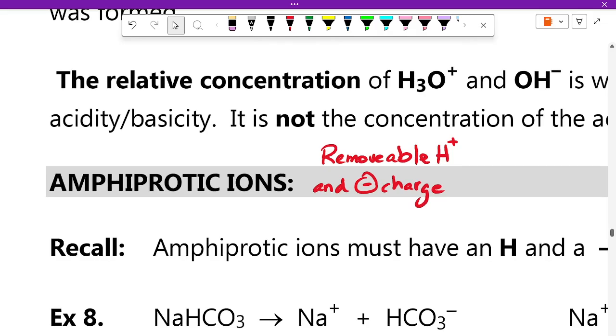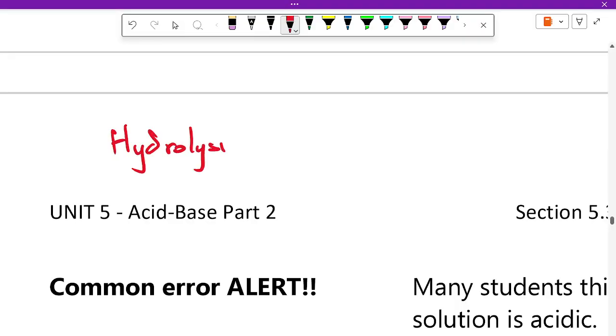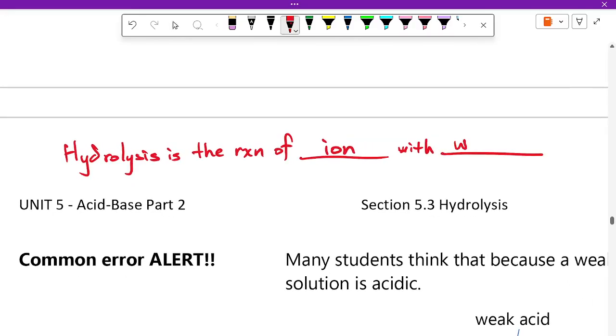Okay, and we don't even have to worry about our weird little exception, water, because water is not an ion, and only ions hydrolyze, because hydrolysis is the reaction of an ion with water to produce, and actually you could even just write H3O+ or OH-.